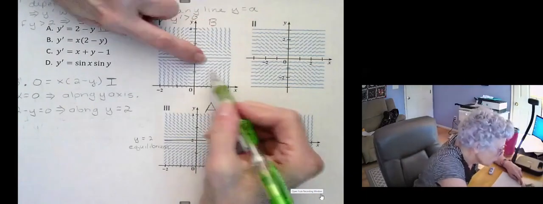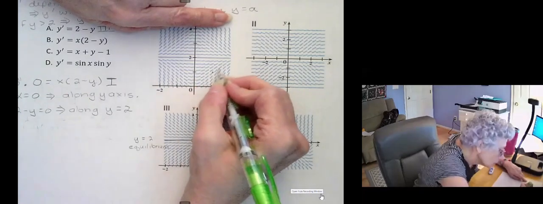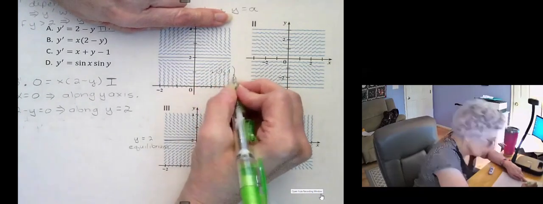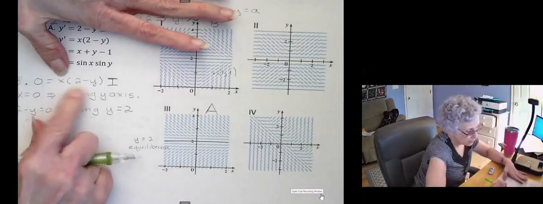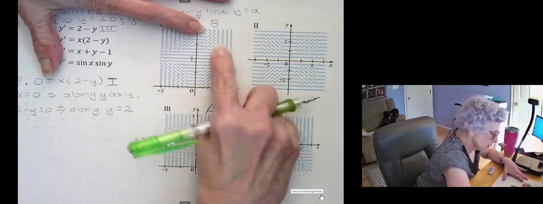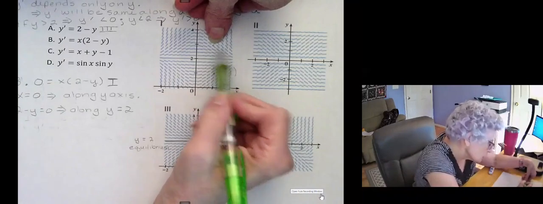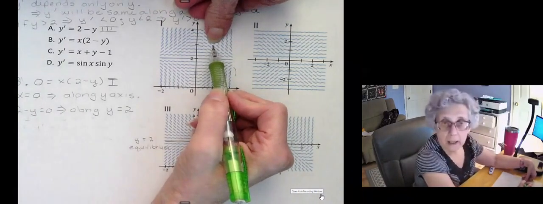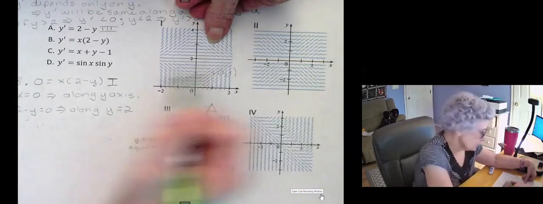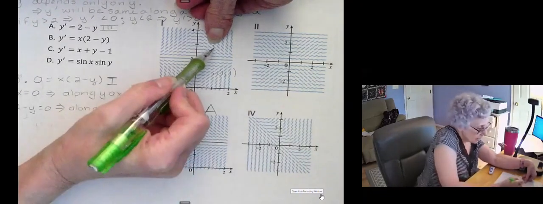You can also look at the signs of your slope. If we pick a point here, something like the point 1, 1, then I would have 1 times 2 minus 1. I expect a positive slope. If I pick something up here, like 1, 3, for example, my x value is positive, but 2 minus my y value would be negative.